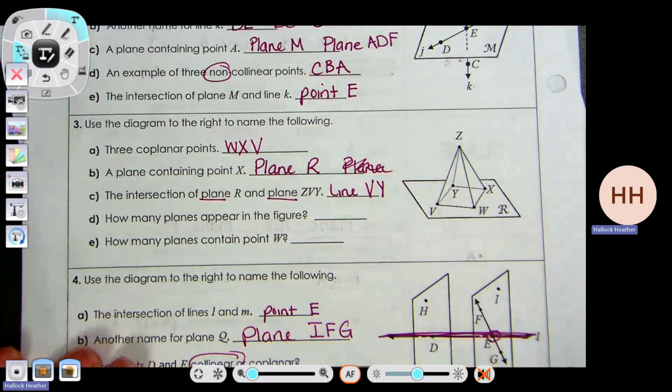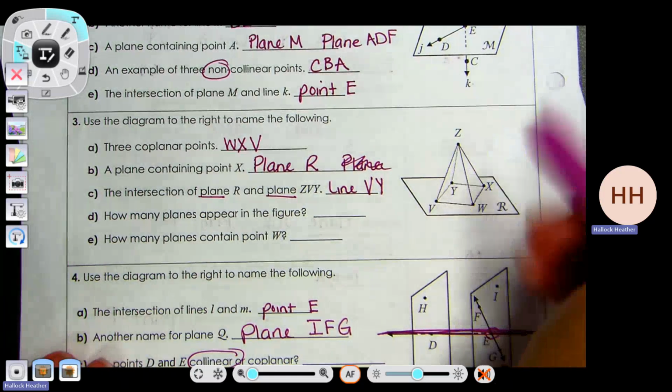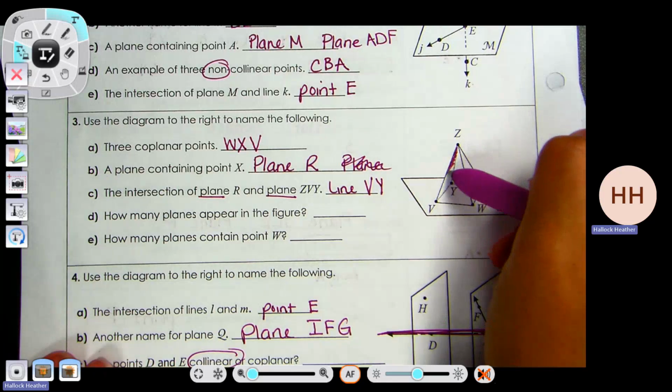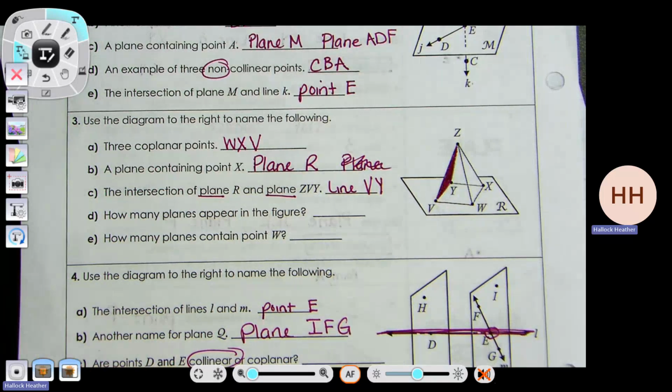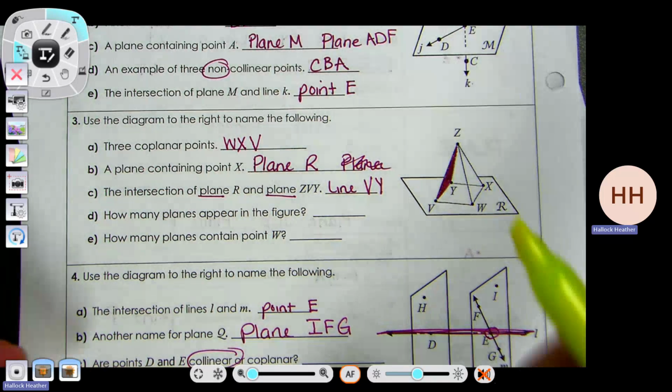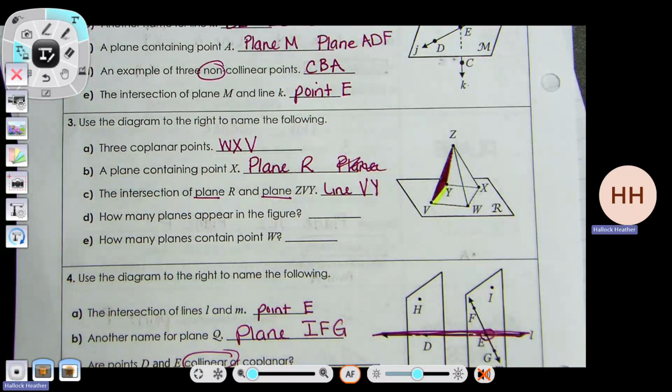If you have 2 pieces of paper that intersect, it's forming a line, not a point. So I'm going to shade it in. You don't have to, but it's this piece of the pyramid, this back side, and then obviously the table. The part that they're sharing is this line right here. That's touching the table and also touching the pyramid. So that's a line that they're intersecting at.